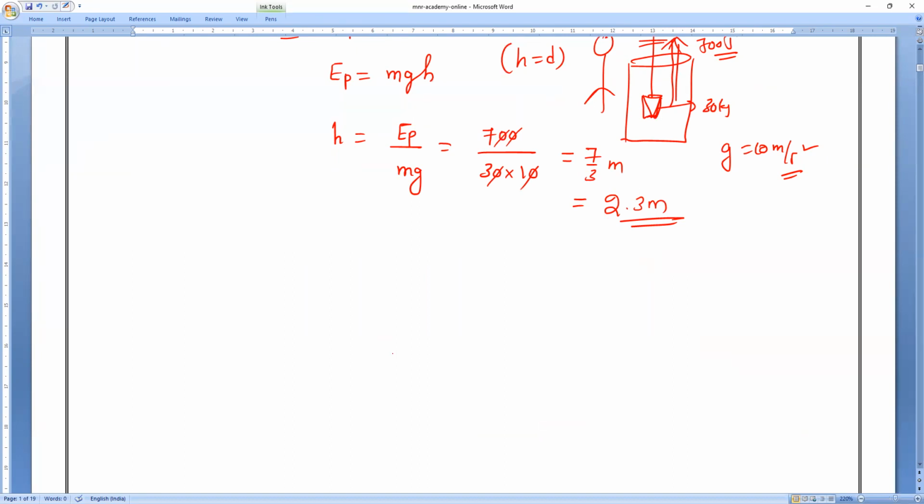All of you understanding? Clear? If the potential energy of a body held at some height from the ground is 20 joules. So some height h I have kept, the potential energy is equal to 20 joules.